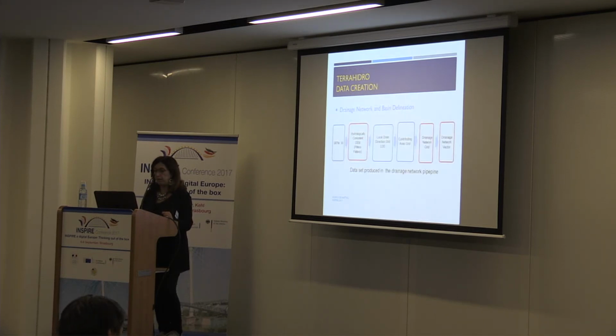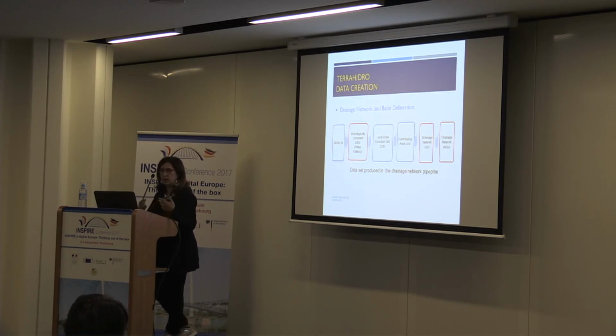In particular, if we analyze the data processing pipeline to create, for example, the drainage network, we start from the digital elevation model. There is a problem with the quality of the digital elevation model. They have created some processes to obtain a high quality digital elevation model that they call the hydrologically consistent DEM. Then some other data are produced that are also important, for example, when we study flooding or other aspects of water.